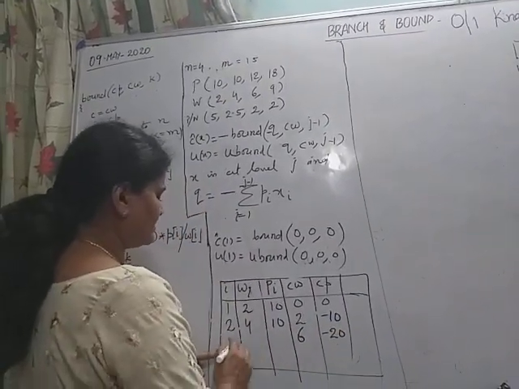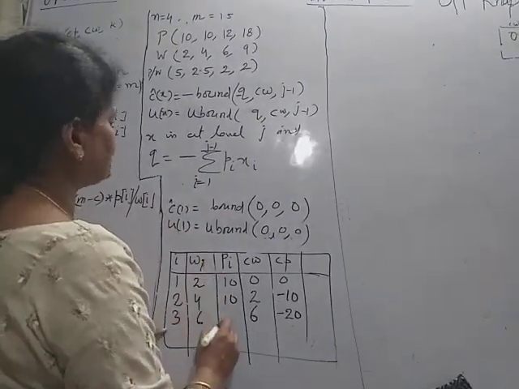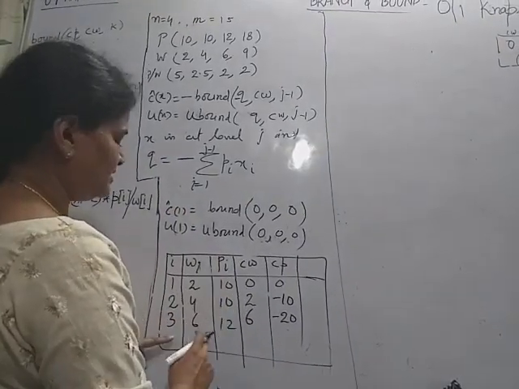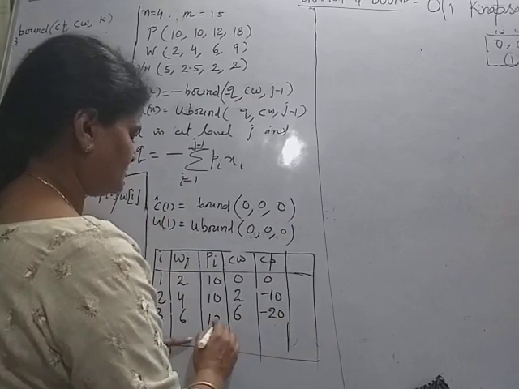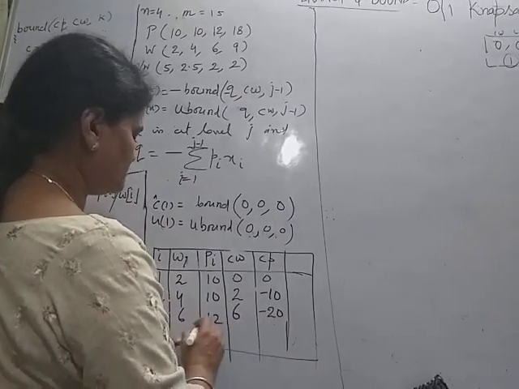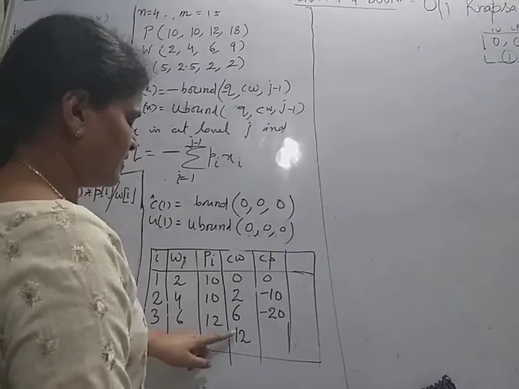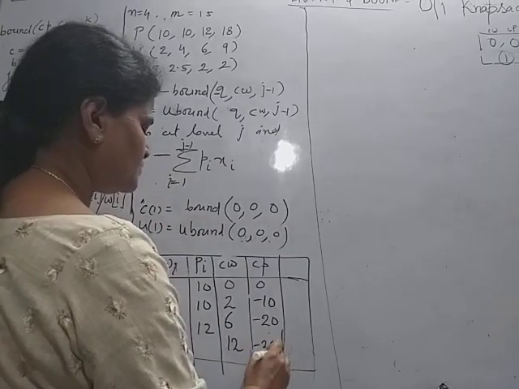Then I is 3. The third weight is 6 and the profit is 12. 6 plus 6, 12, which is less than or equal to 15, so this is also added. The current new weight is 12 and profit is minus 32.